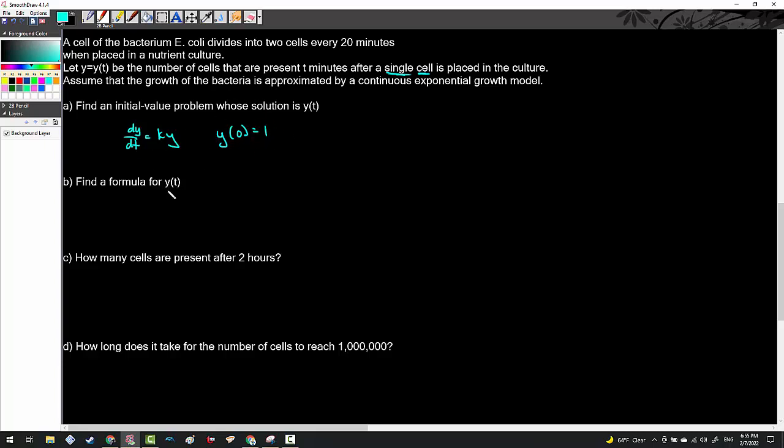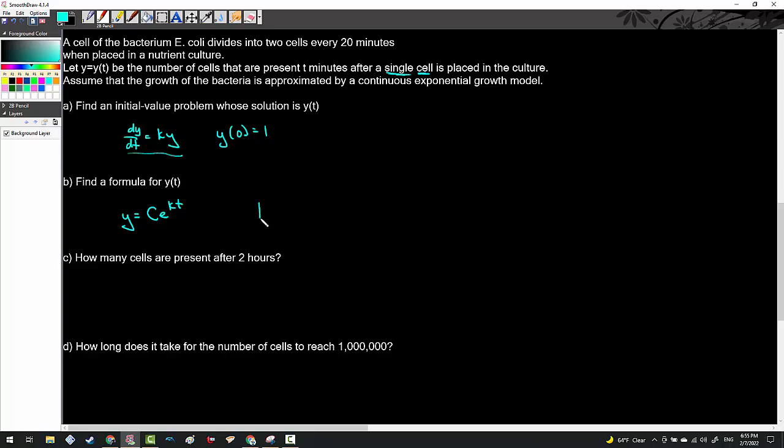Now it says find a formula for y of t. So what I'm going to do is integrate this, and I know it becomes y equals ce to the kt. Well, what do I know about this? I know that when time equals 0, I have 1 culture, so that allows me to solve for c pretty quickly.